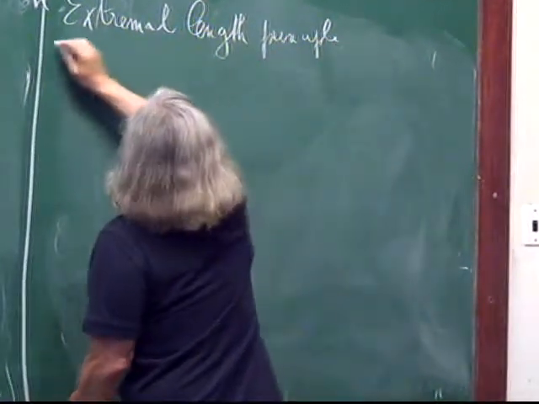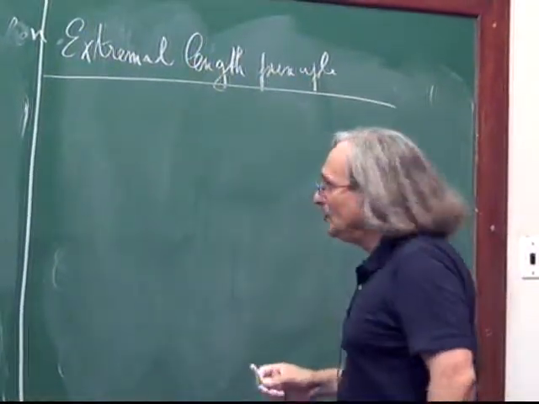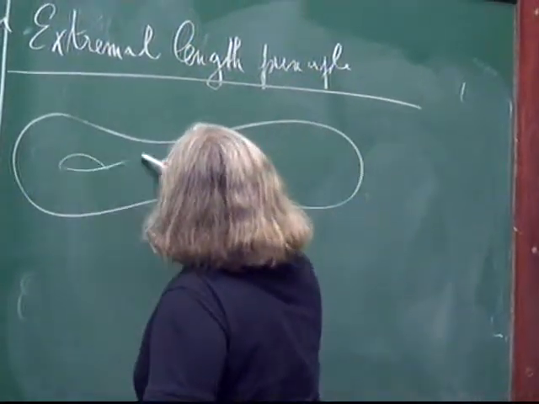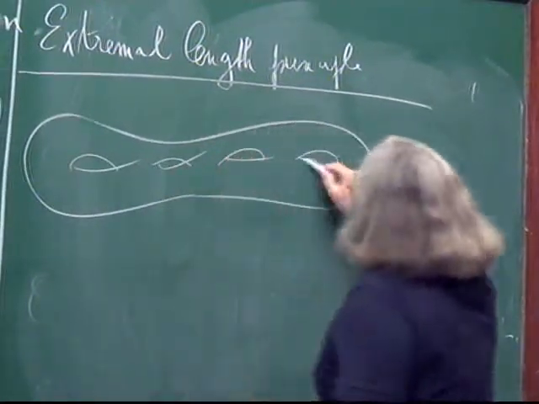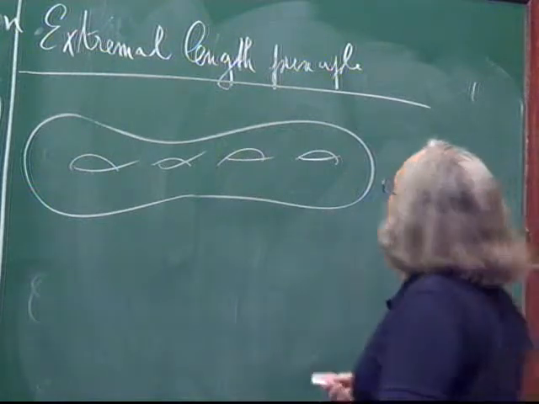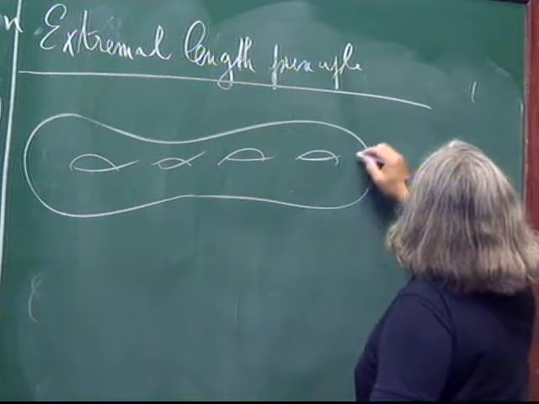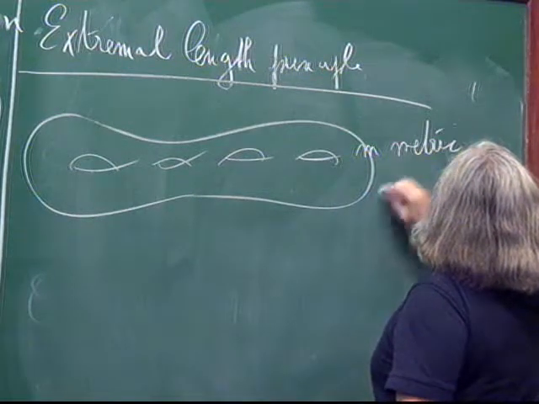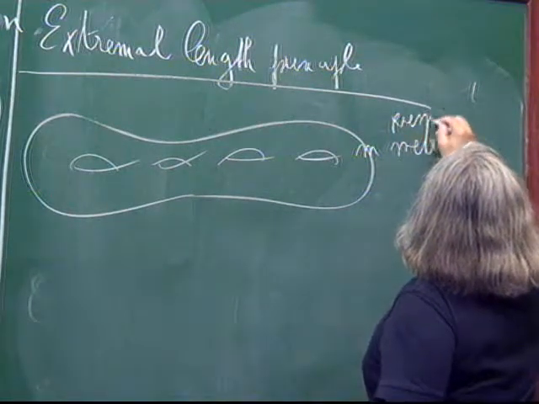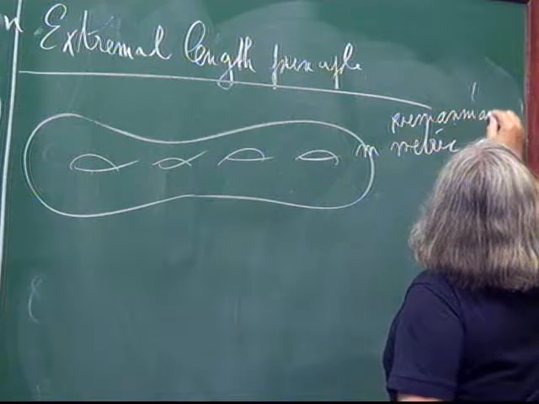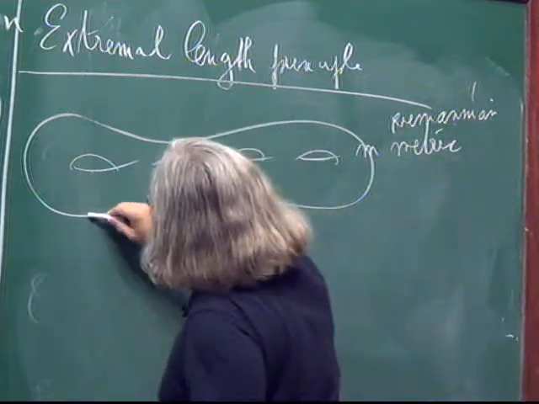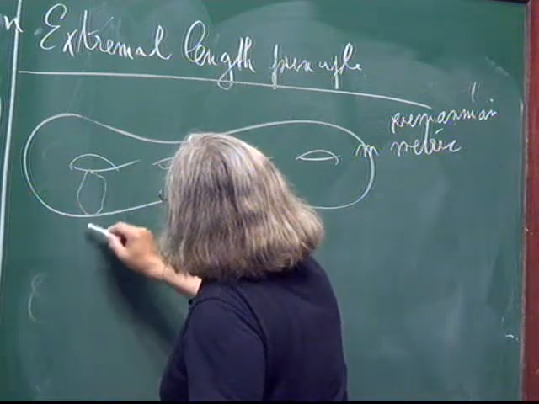So let me explain that quickly. You have a surface. On that surface, you have a Riemannian metric. Let me call it M. And on that surface, you have a homotopy class. Let me call it alpha.